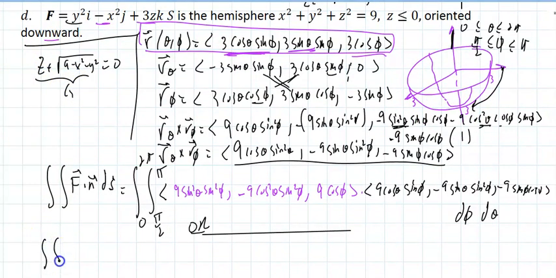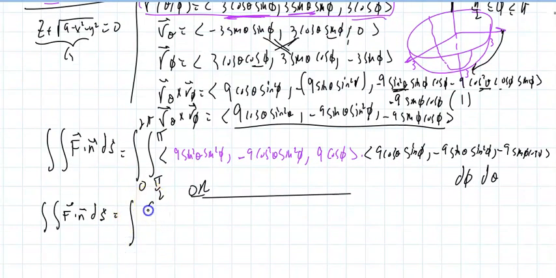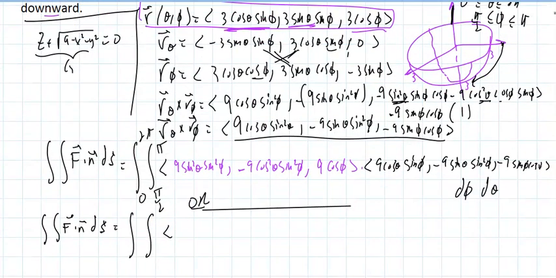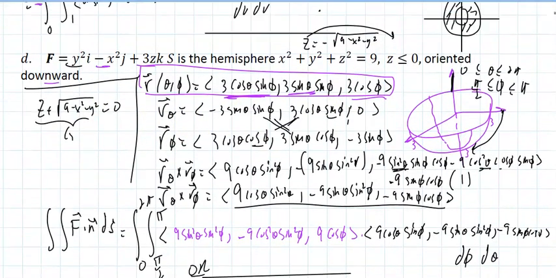And I could say the double integral of f dot n ds is going to equal the double integral, and let's see how that works. I'm looking at f, which is y squared is fine. Negative x squared is fine. 3z, that's 3. And what is z? We just figured out that z was, where did I write it? Oh, right there.